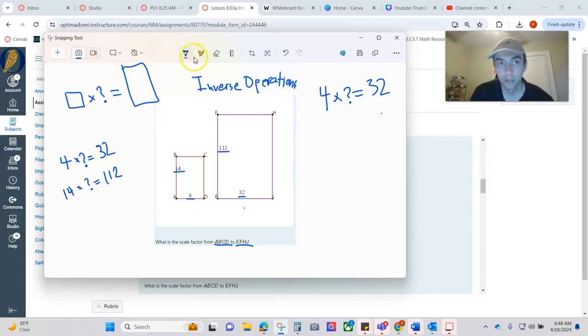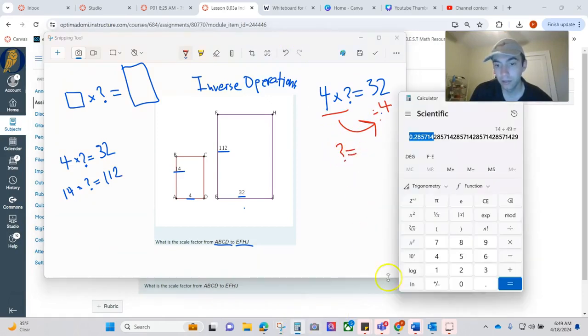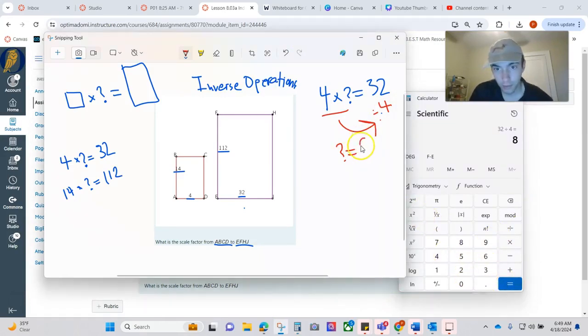Instead of timesing by 4 on the left side, I can move that times 4 over and do the opposite of timesing by 4, which is dividing by 4. Now I see my question mark. Question mark is whatever 32 divided by 4 is. 8. So I think my scale factor is 8.